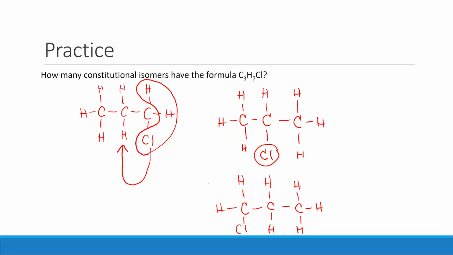And this is tricky because technically this molecule and this molecule are the same. They have symmetry. You can superimpose them on each other. If I were to flip this molecule across this vertical axis right here, you'd see that it would be the first one that we drew. It would look exactly the same.